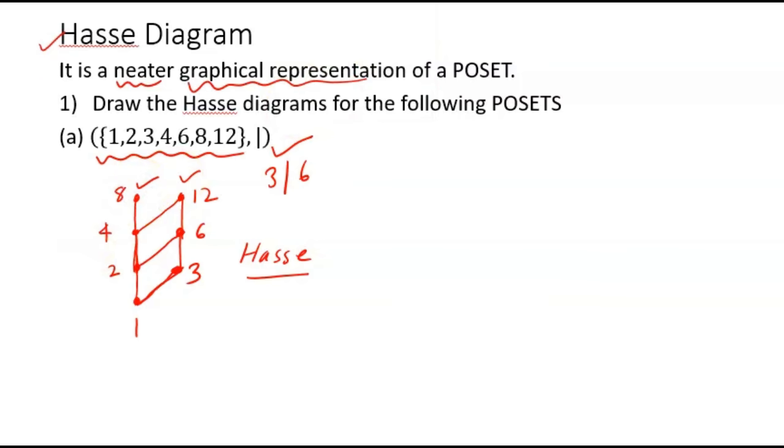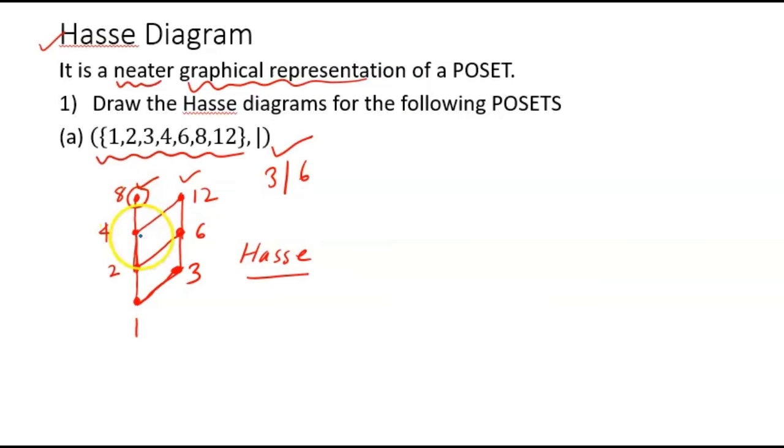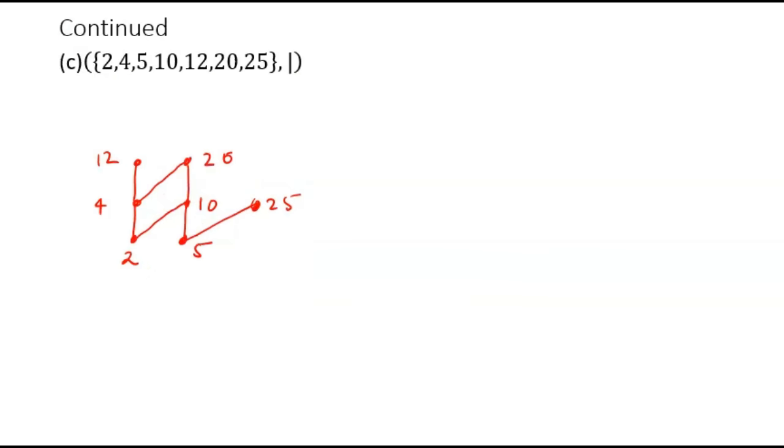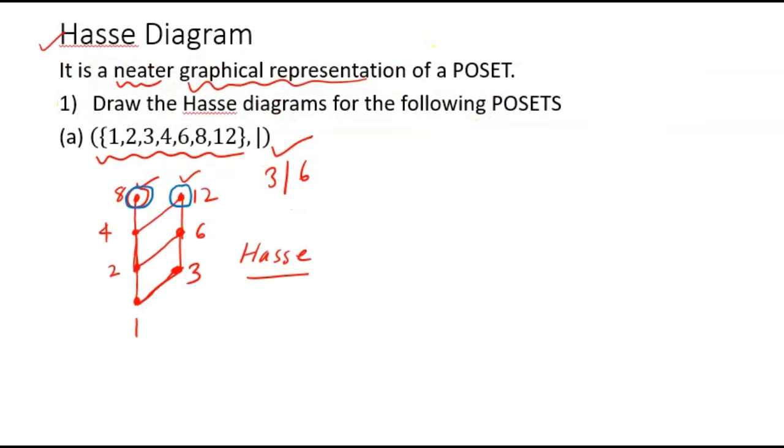Because 8 is not less than any other element in the partially ordered set, and similarly 12 is also a maximal element because 12 is not less than any other element. See the definition: it is called maximal if it is not less than any element of the POSET, right? So here 8 and 12 are the maximal elements.